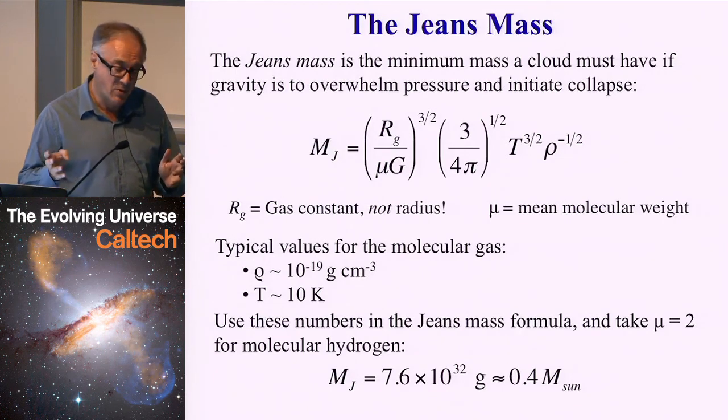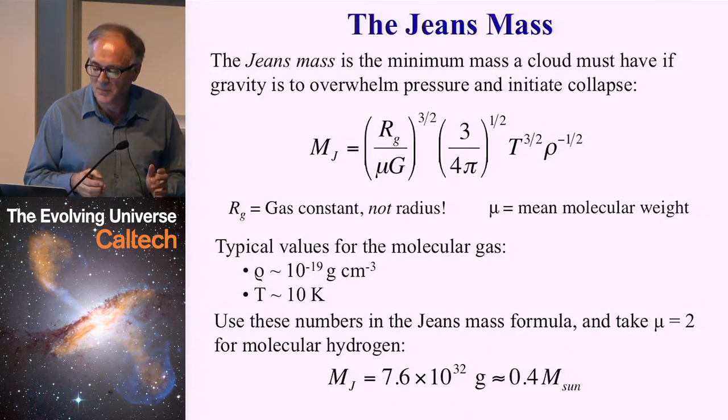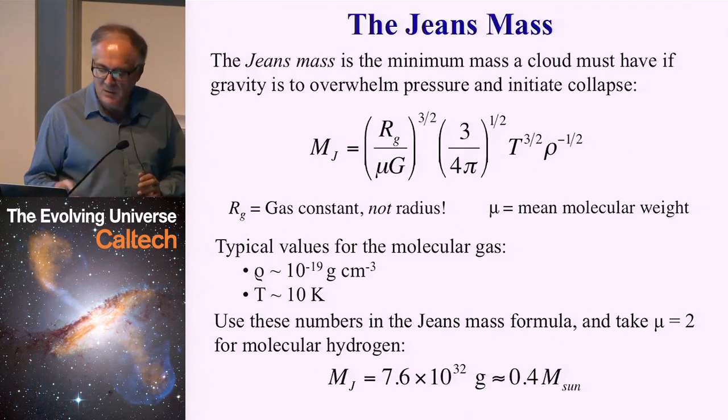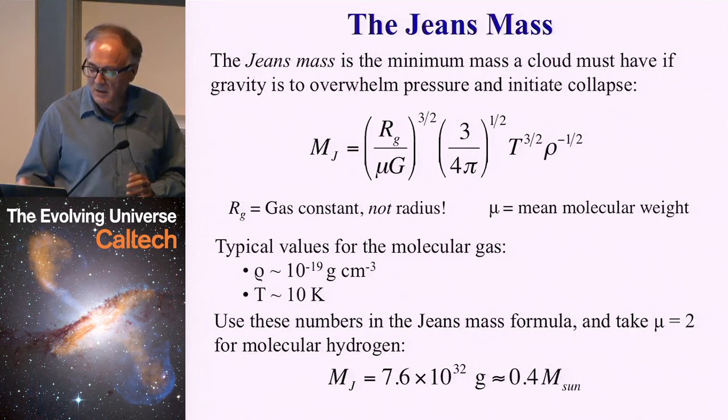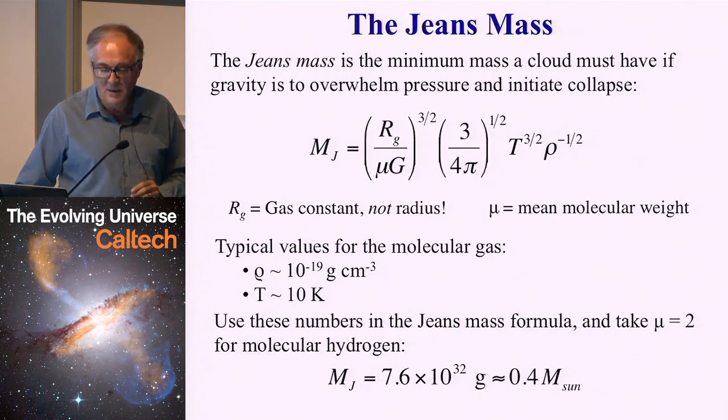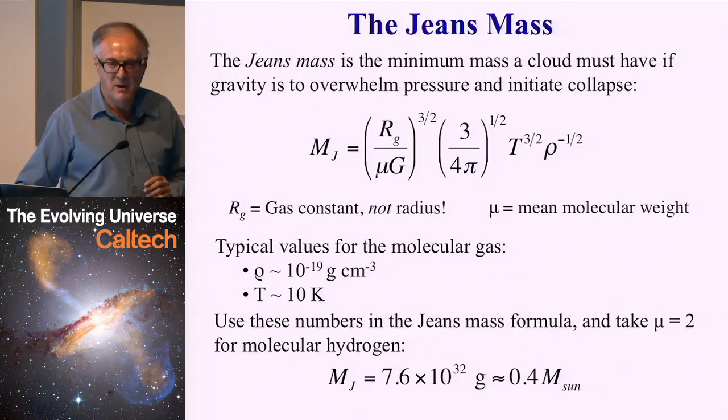So it is inversely proportional to this weak power of density. So plug in the typical numbers that we observe for interstellar clouds, and assume it's molecular hydrogen. It doesn't really matter if you take a mix of carbon monoxide. And amazingly enough, it produces a value that's pretty close to the mass of our sun.